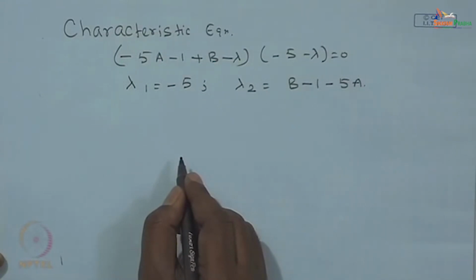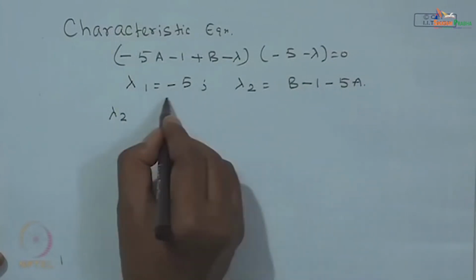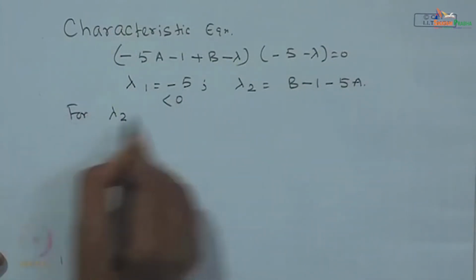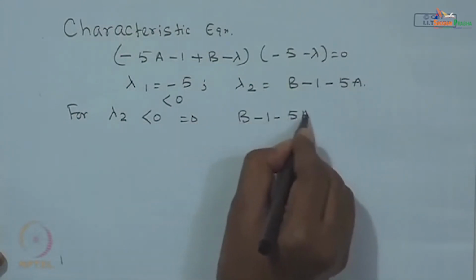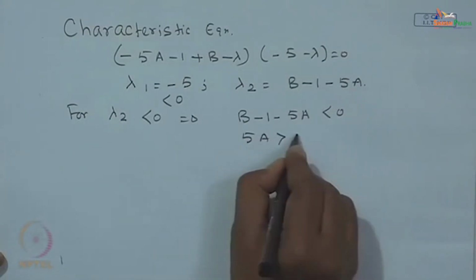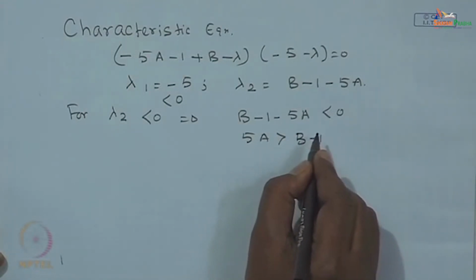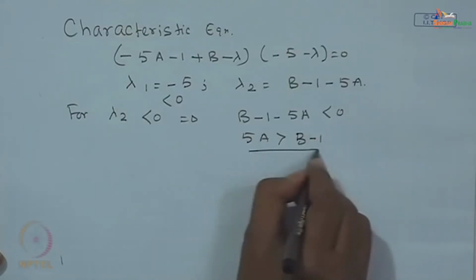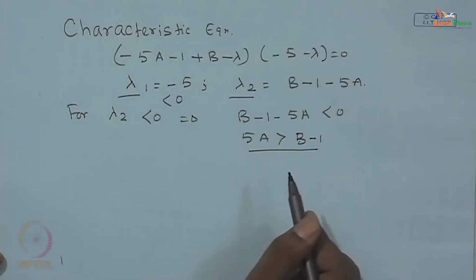Now, lambda 1 is minus 5, which is less than 0, and for lambda 2 to be less than 0, we have to have b minus 1 minus 5a less than 0. So, therefore, 5a should be greater than b minus 1. That is the condition so that both roots are negative and you will be having this steady state stable.